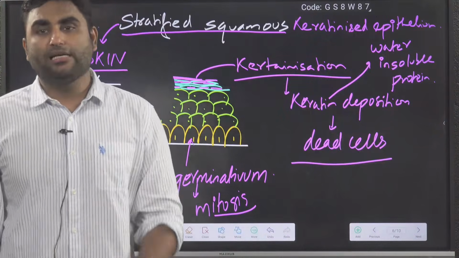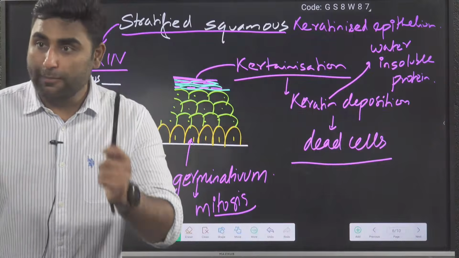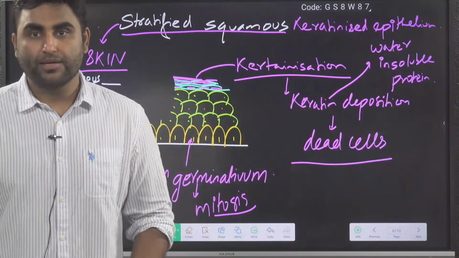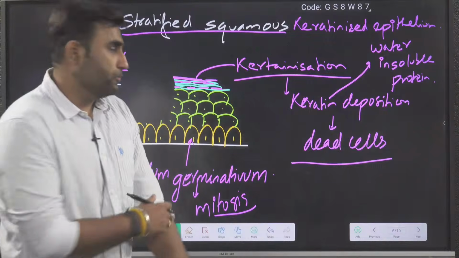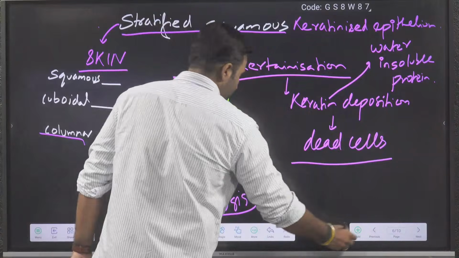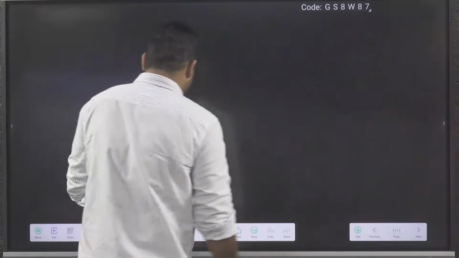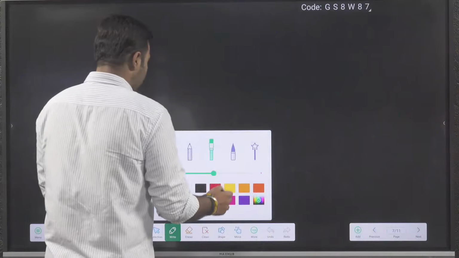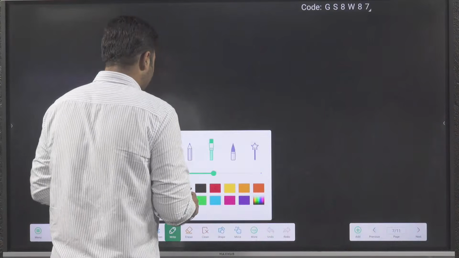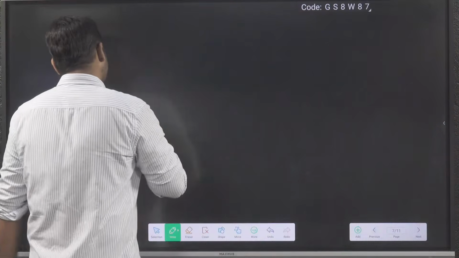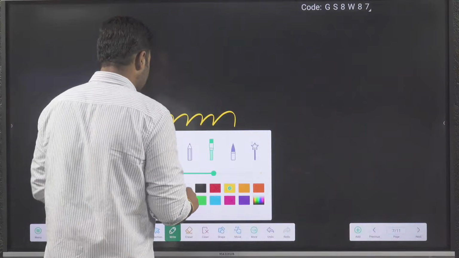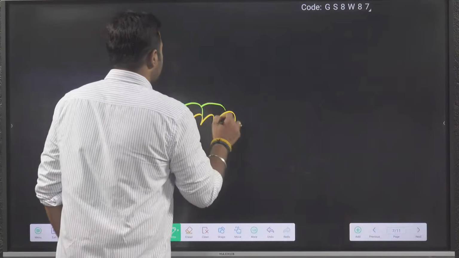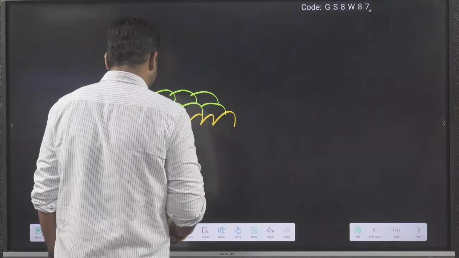So your epithelial tissue helps in repair and regeneration of the tissue. The same diagram will be there for stratified squamous non-keratinized.